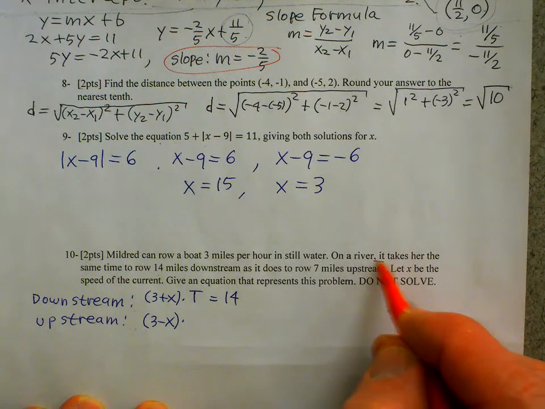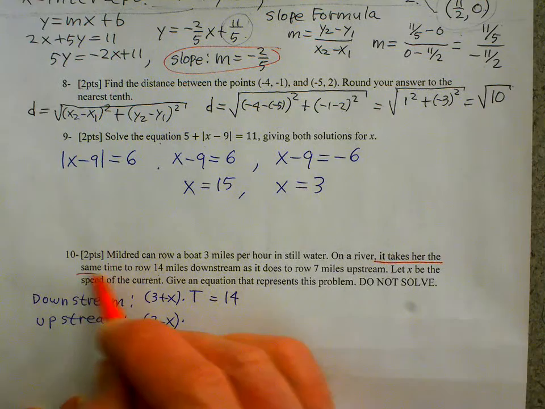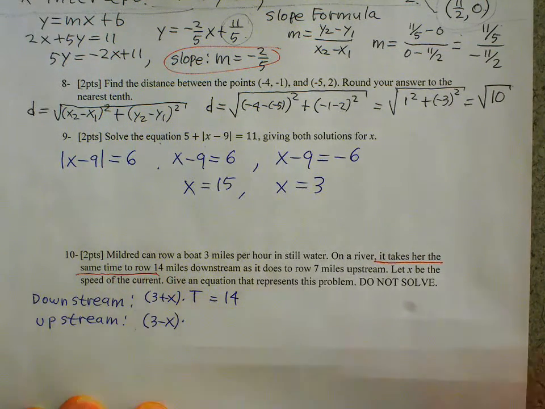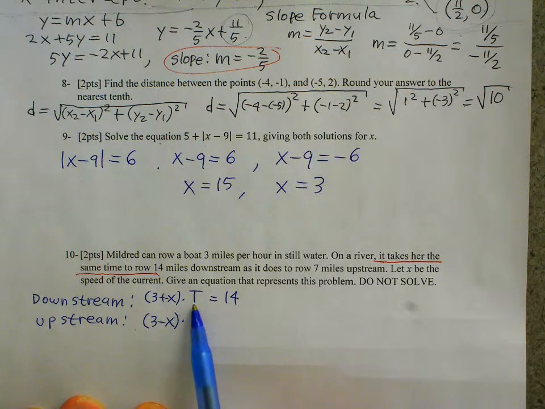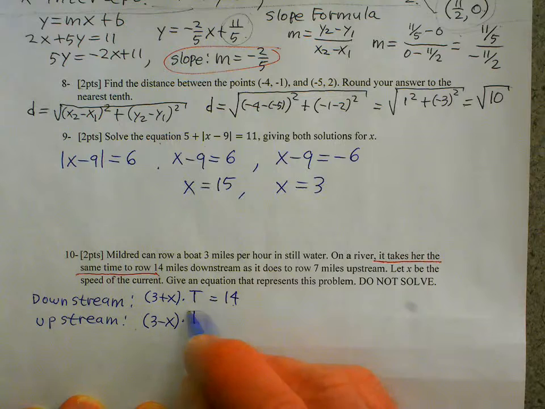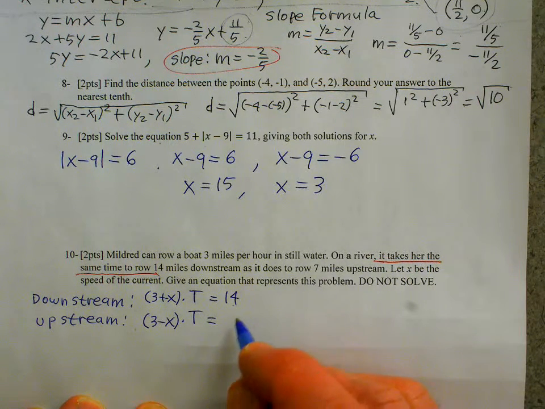It takes her the same amount of time to row 14 miles downstream as it does to row 7 miles upstream. So if it takes her t hours to row 14 miles downstream, the same t hours is taken to row 7 miles upstream.